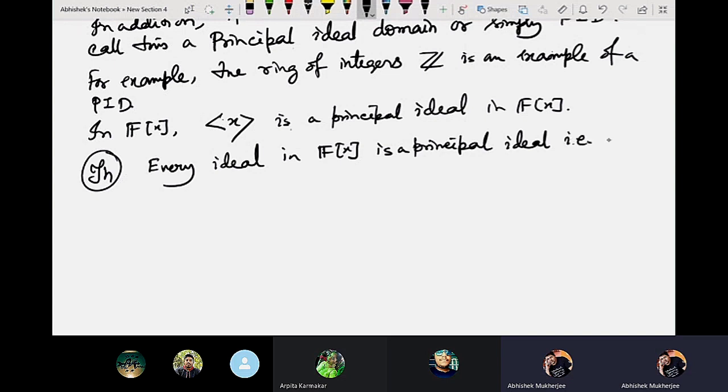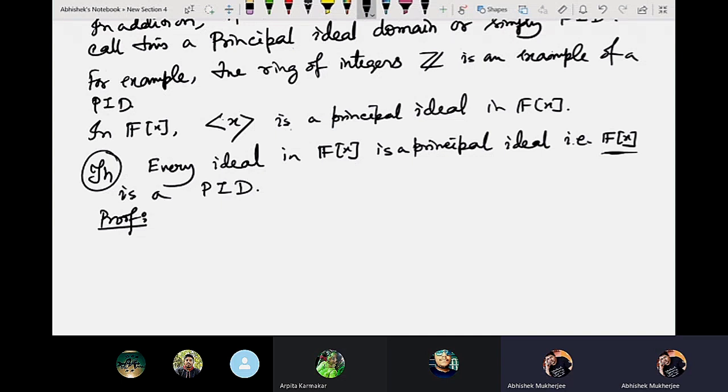That is, the integral domain F[x] is a PID. So we have another PID, which is F[x]. So you need to show that every ideal in F[x] is a principal ideal. So how does the proof look?